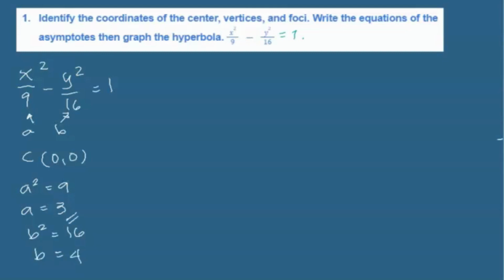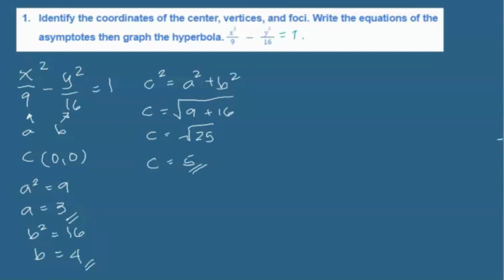Since we know a and b, we can solve for c. c squared is equal to a squared plus b squared. So c is equal to the square root of 9 plus 16, the square root of 25. So c is equal to 5.